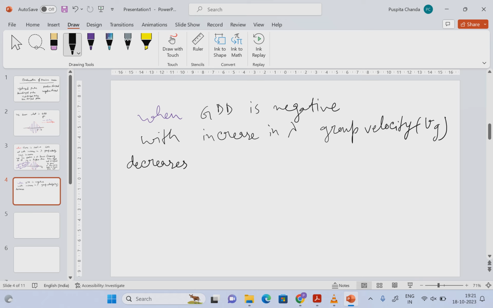So red has greater lambda and lower frequency.